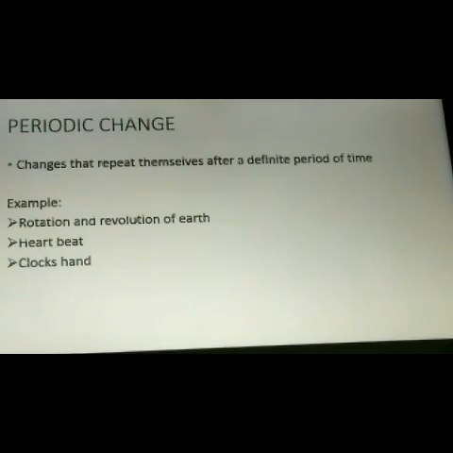For example, rotation and revolution of earth, beating of heart, clock striking every hour, and then motion of second hand or minute hand or hour hand in a clock are said to be periodic changes. So in a periodic change, the change will repeat after a particular time. That is said to be the periodic change.